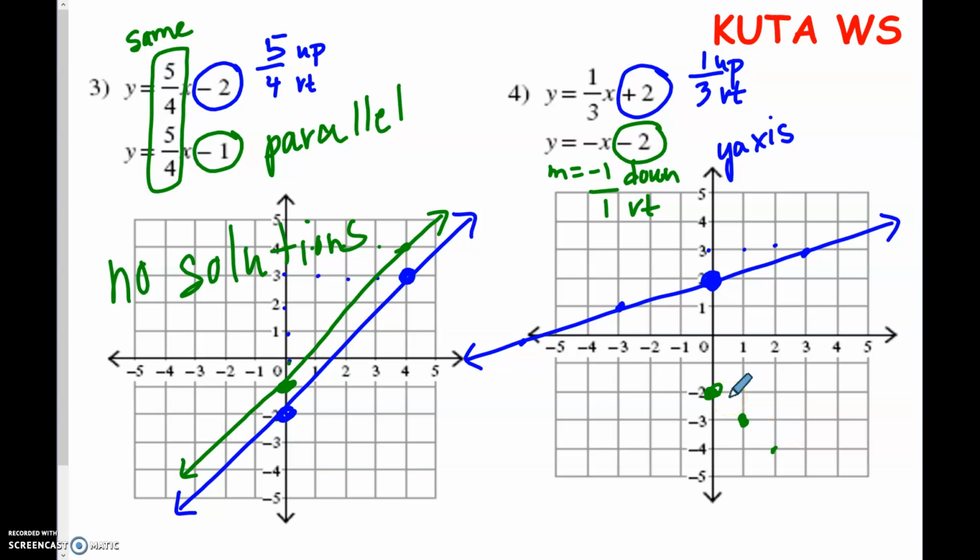So I want to go the opposite way, which would be up and left. If I go up and left, up and left, up and left, there we go. We finally meet that blue line. The ordered pair where they're meeting is -3, +1. So your blue and green lines are meeting at the point -3, 1. All right, hope this helps and clears up any questions you had with graphing.